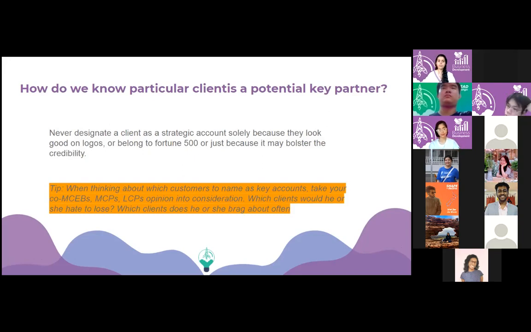Also consult with your MCEBs, MCP, and probably your LCPs as well. Because a lot of times you might not be able to see the value or the kind of effect a partnership has on your teammates or on other portfolios. And you might even be missing some risks, or some opportunities that could arise there.